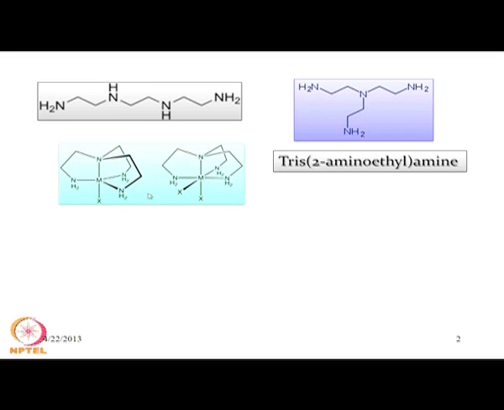If we simply use this particular tren ligand, the tris-2-aminoethylamine ligand, and it is binding to any metal center, this is the central nitrogen, this nitrogen is bound over here. This is one aminoethyl backbone, this is the second aminoethyl backbone, and the other one is the third one.